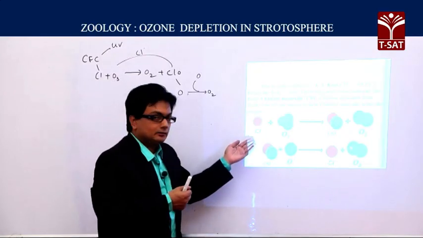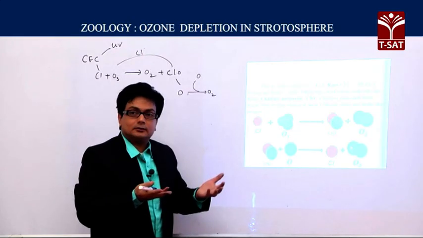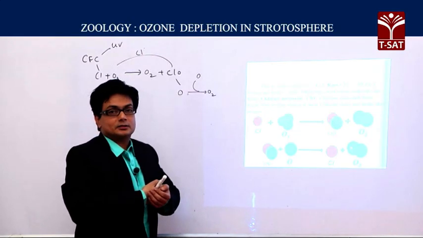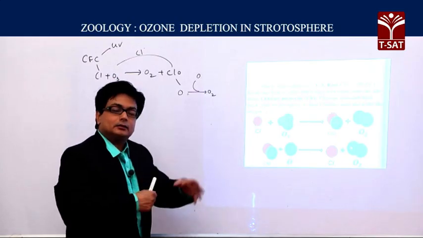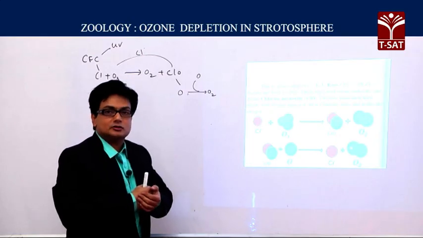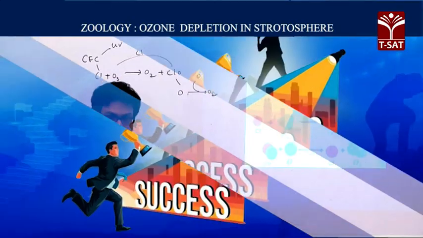So this particular reaction continues, and see the chlorine there is not at all undergoing any change. This clearly indicates that the Cl is acting like a catalyst. Let's review this important change which is responsible for the ozone depletion at the ozonosphere.